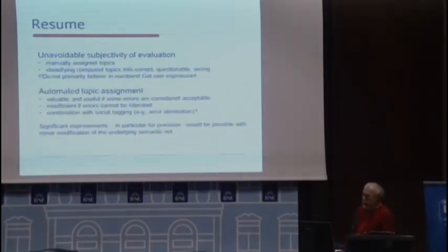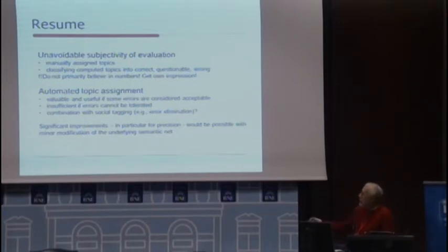As a résumé, one point I would really like you to keep in mind is that we have here an unavoidable, well, we can discuss this, an unavoidable subjectivity of evaluation. It starts with manually assigning topics to these pages. If you took two experts to assign topics to these pages, they would not end up with the same result, since topics are really fine-grained.